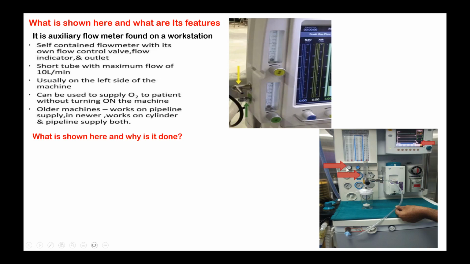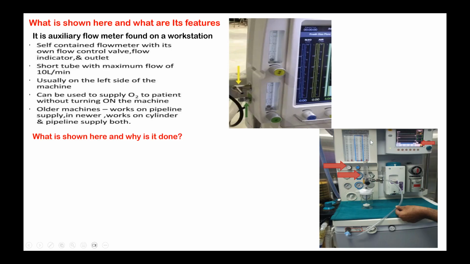Even if all the flow meters are in the off position, sometimes there may be an internal pipeline leak in the workstations we are using nowadays. You keep all the flow meters in the off position, and then you connect the common gas outlet with an adapter to a plastic tube and a flow meter, the oxygen flow meter which you use in the ward for supply, in the open position.